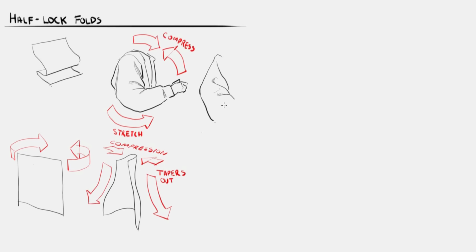Now, since most garments are created by continuous sheets of fabric, what you'll end up seeing is that the half-lock folds create this shadow shape that's similar to an elongated U. And as I brought up in my previous video on cloth, the looser that a fabric is, the more of these half-lock folds will occur.